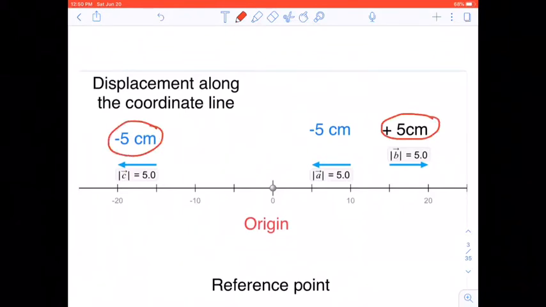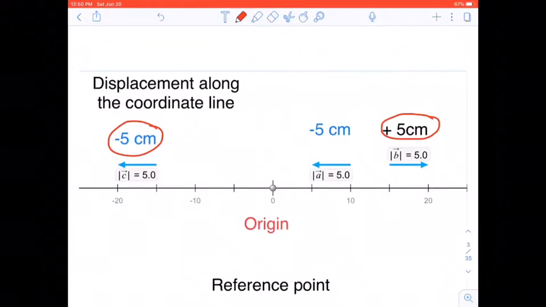It may not be 5 centimeters, it's 5 units, but we'll just take it as being equal to 5 centimeters.